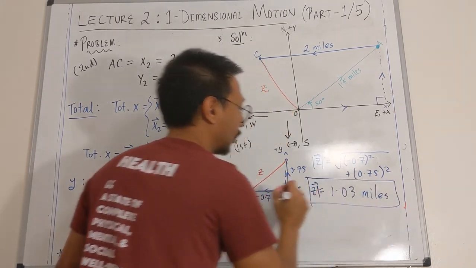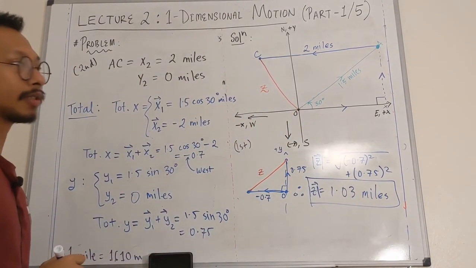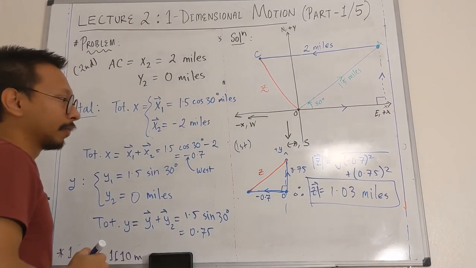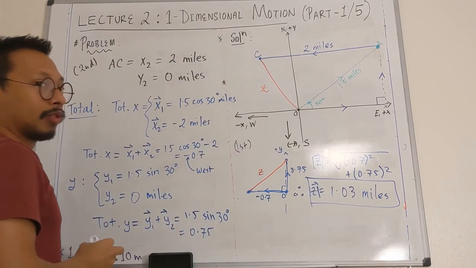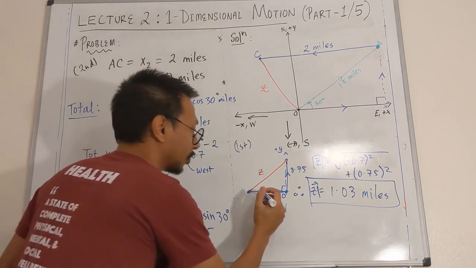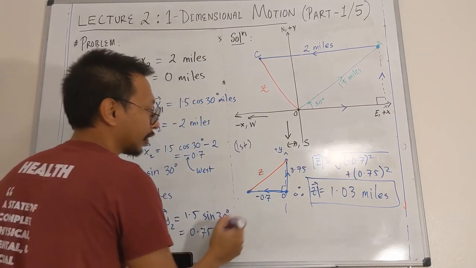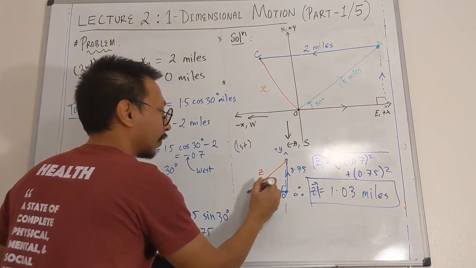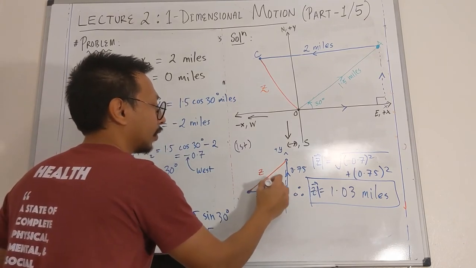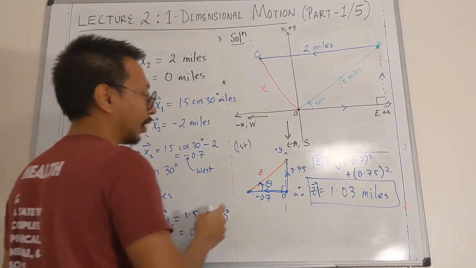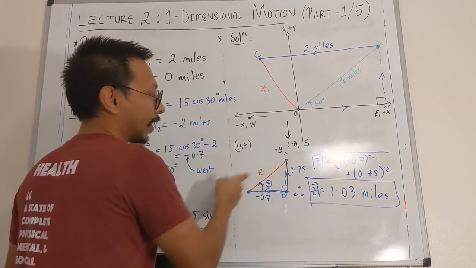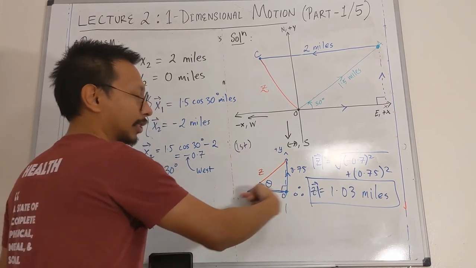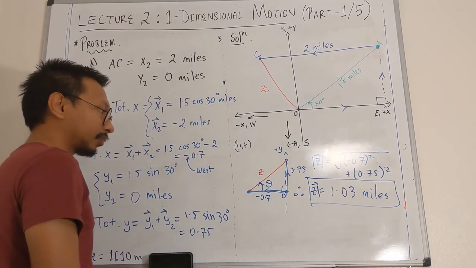So the first part is over. You have found the distance from the starting point to the finishing point. Now, again, we are working with vectors, so we need the direction. The direction, most simply, can be found by finding the angle between this final vector, z, and the horizontal, or the westward x directional vector.